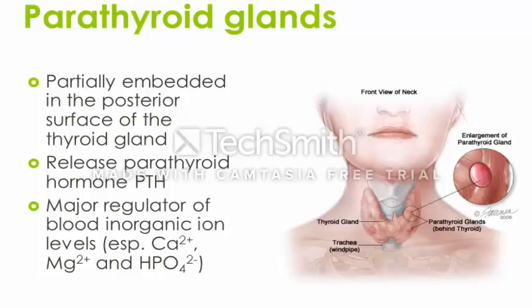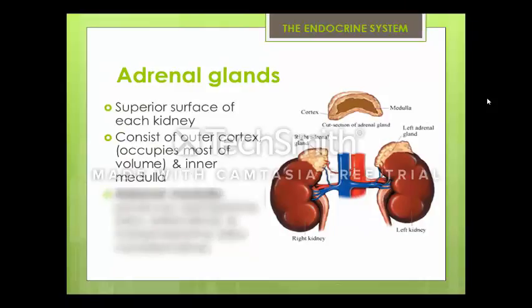The parathyroid glands are partially embedded in the posterior surface of the thyroid gland and release the parathyroid hormone, PTH, which is a major regulator of the level of inorganic ions within the blood. The adrenal glands lie on the superior surface of each kidney, and they consist of an outer cortex, which occupies most of the volume, and an inner medulla.